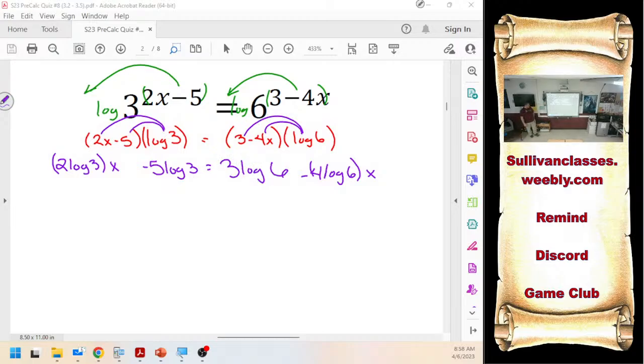The goal of any equation is x's to one side, not x's to the other. So I'll add this guy over. The terms cannot combine normally, so it's just going to be a big but ugly 2 log 3 plus 4 log 6 x's. I'll add this guy to the other side.